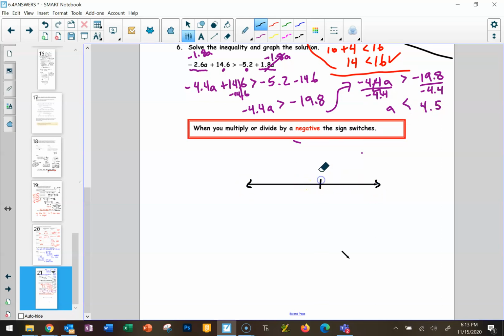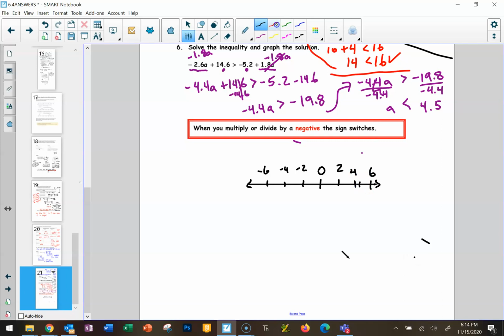Okay, well, let's put our 0 here in the middle. Let's say that's 2, 4, and then this would be 6, and then negative 2, negative 4, negative 6, making sure they're as evenly spaced as possible. 4.5, well, this is 5 right in the middle between here, so it's going to be right about there.